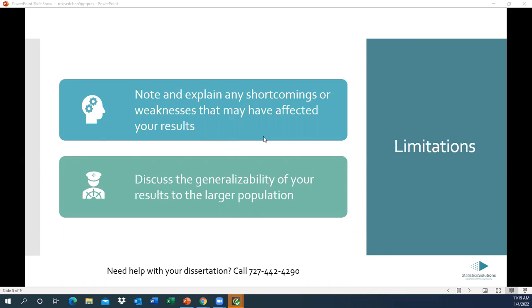Also, if you've done a qualitative study, this is worth mentioning. The findings of qualitative studies are not designed to generalize well, because by nature and by design, qualitative studies have low sample sizes, right? Because you're usually interviewing people. You can't interview 80 people, right? So you're usually interviewing 8, 10, 12, 15 people.